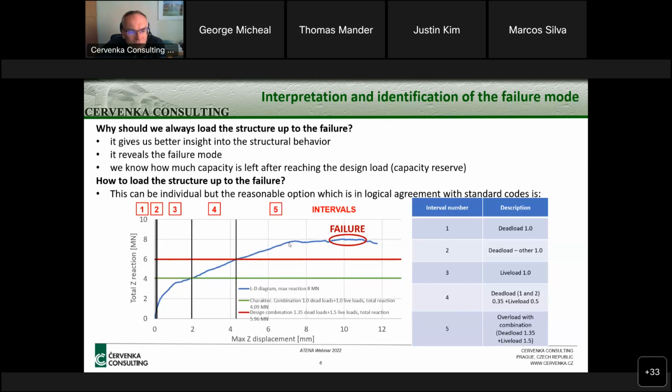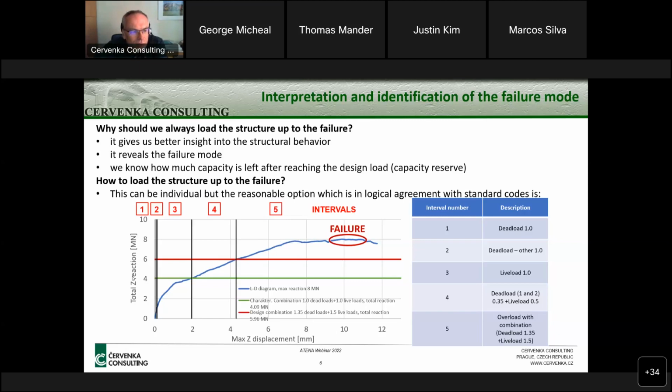And whatever we have on top is, let's say, additional safety factor. Of course, this is something we can use also, for instance, to cover for the model uncertainty. In nonlinear analysis, we need to consider some modeling uncertainty. This, of course, was discussed in some other webinars we had in the past.